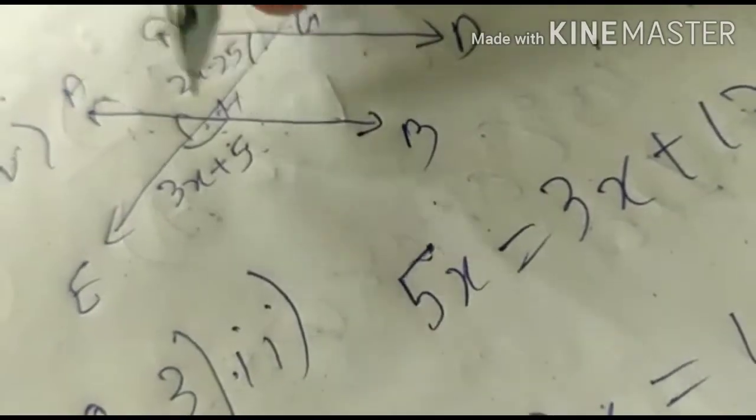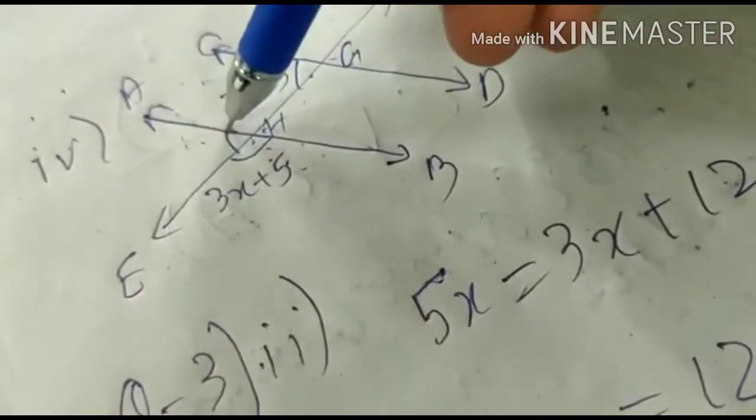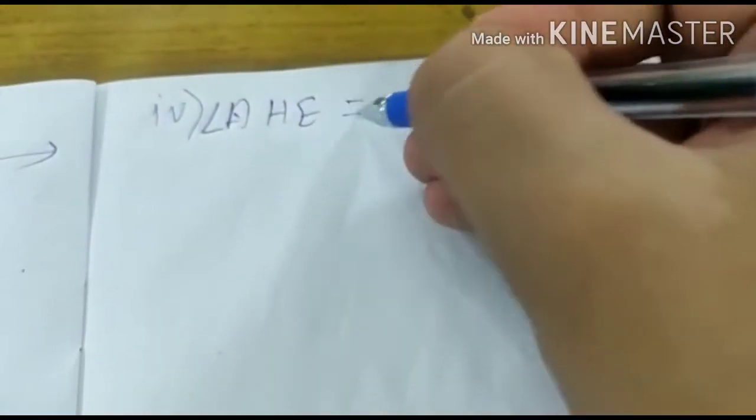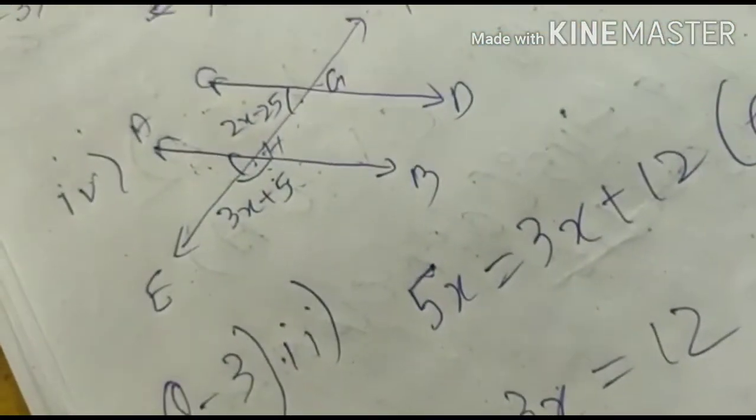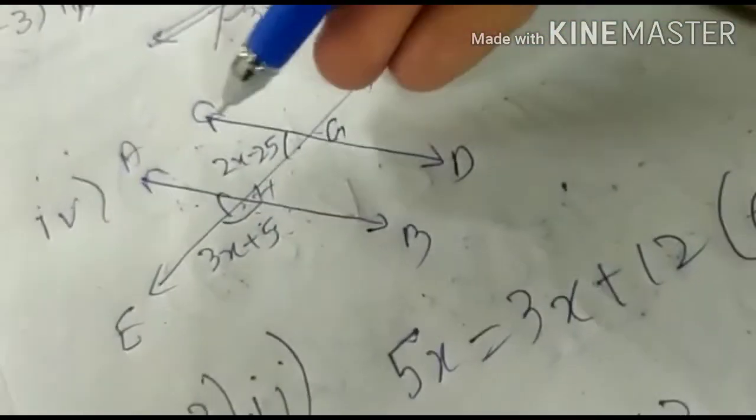So angle AHE means this angle is equals to angle CGH. What is CGH?